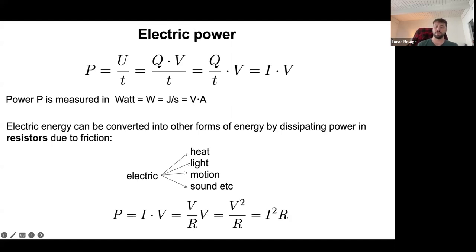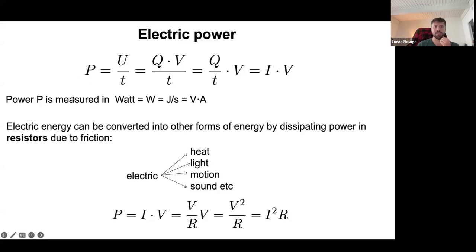There's also gas for vehicles and stuff like that, even though it's shifting now to electrically driven cars. But in your house, almost everything is powered by electricity. And so, of course, it's very important to consider energy and power in electrical circuits.